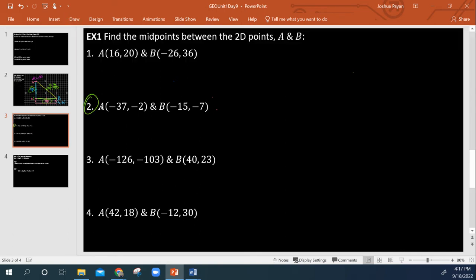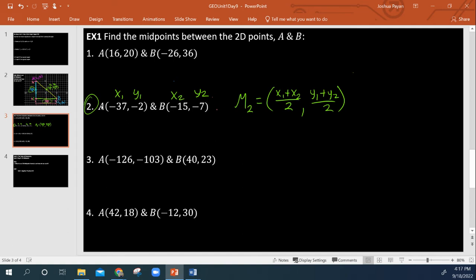So if I just label x1, y1, x2, y2, I'm looking for my midpoint in 2 dimensions. We have to find the x dimension's midpoint and also the y dimension's midpoint.